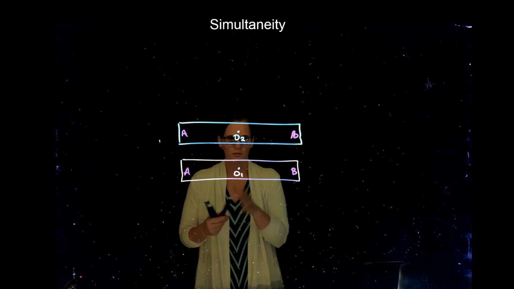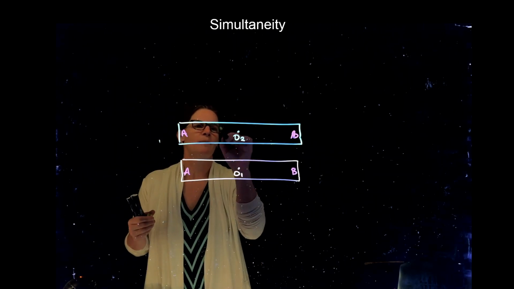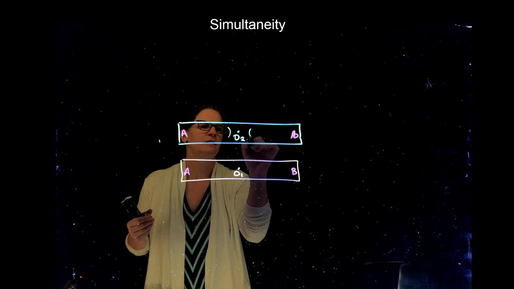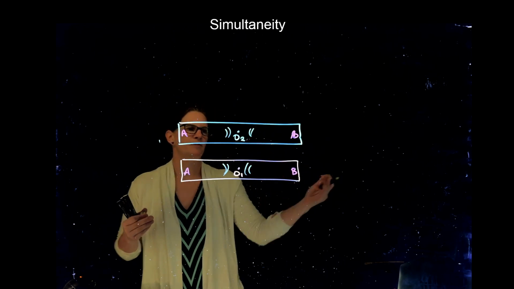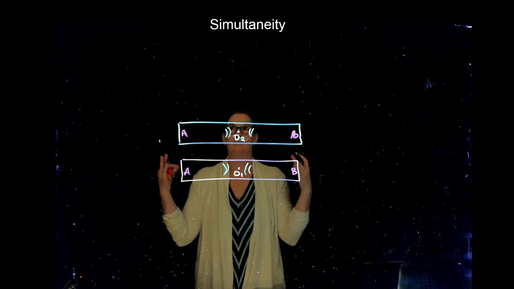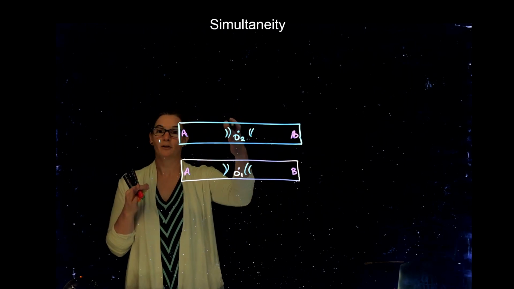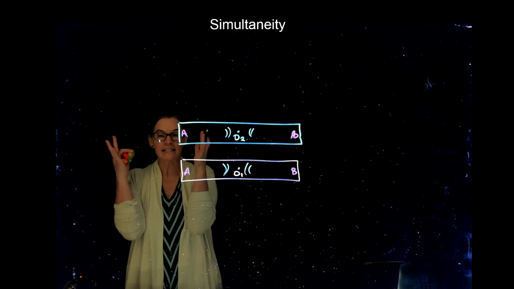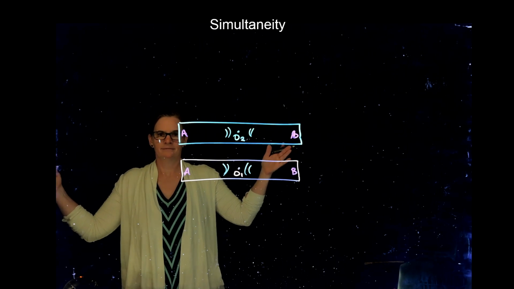So both 1 and 2 observed the events. That's the same thing we just drew over here, right? If I imagine, we're just going to use a little wavefront as our example, okay? So here's a couple of wavefronts coming from A and coming from B, and if observer 1 and observer 2 are directly in the center, then they are going to have the light hit them at the same time, saying they happened at the same time.